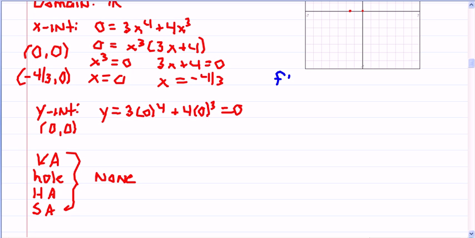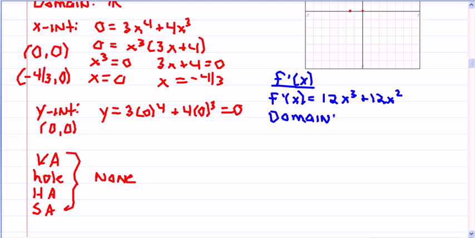And now I can move on and find everything that has to do with the first derivative. So the first derivative is 12x^3 + 12x^2, and the domain of this derivative is all real numbers. So I start by finding the critical points.